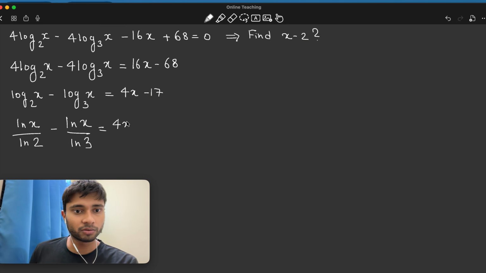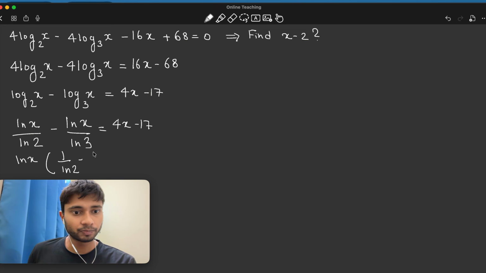This is equal to 4x minus 17. Taking ln x common, we get ln x times (1 by ln 2 minus 1 by ln 3), which gives us 4x minus 17.